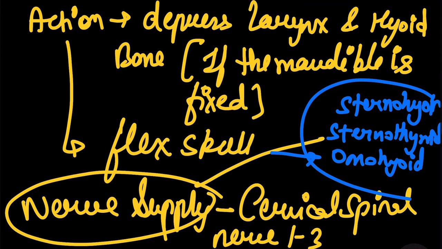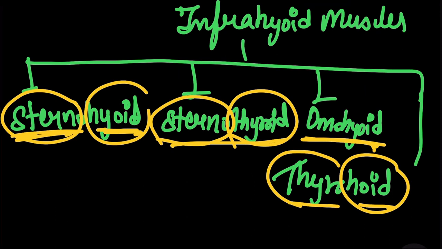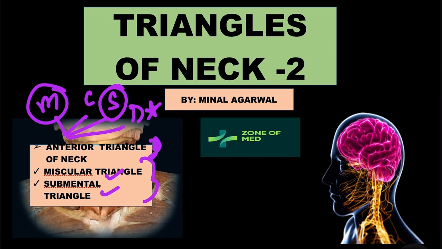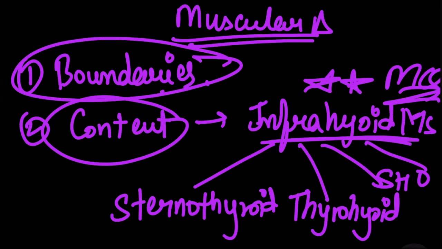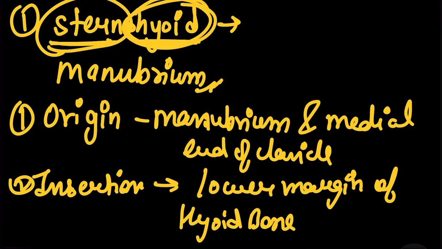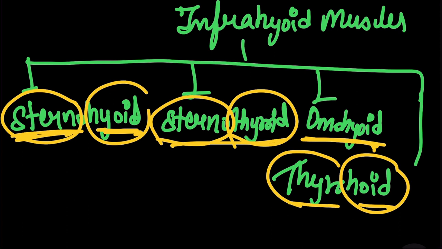For our first, that is the muscular triangle, we see that the most important are these 4 muscles only. The 4 muscles are a very important part.